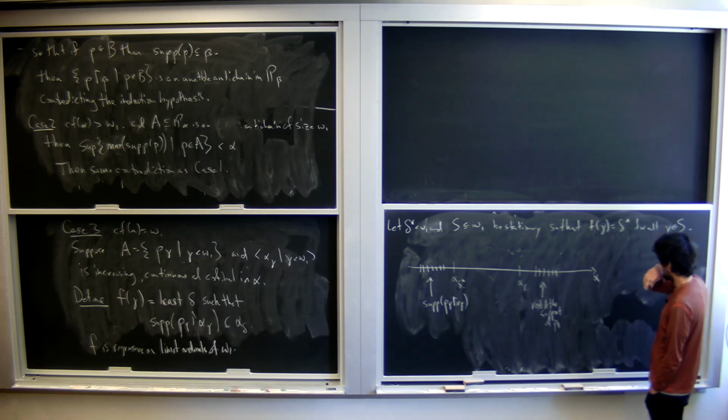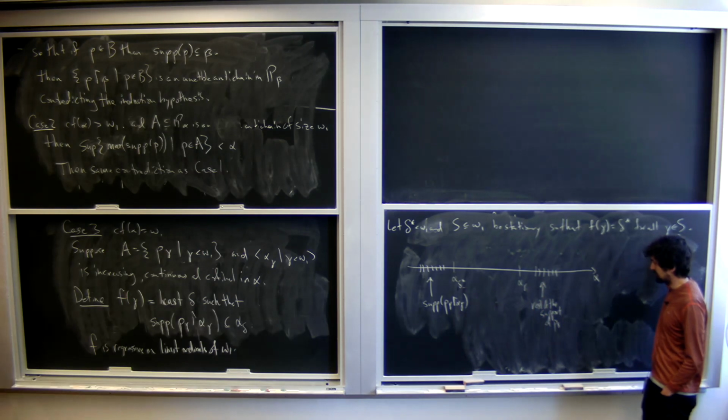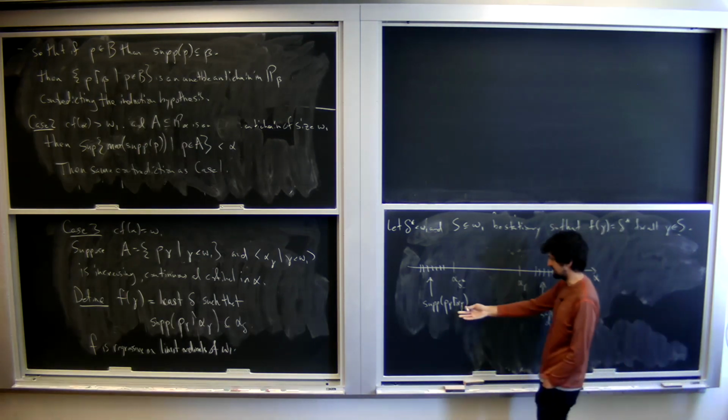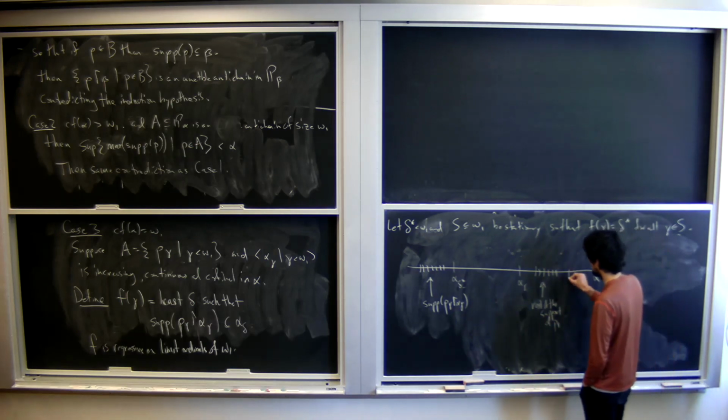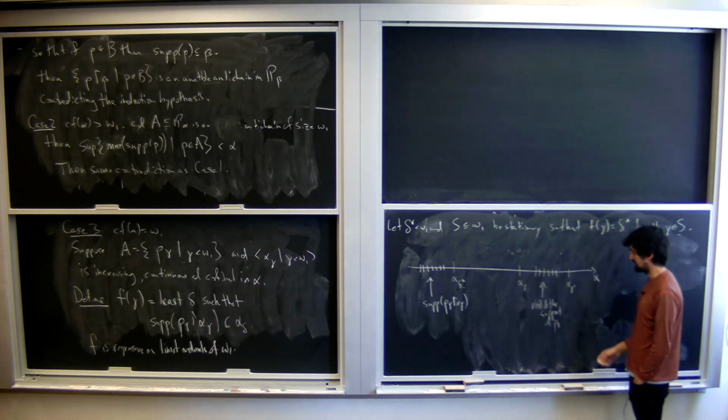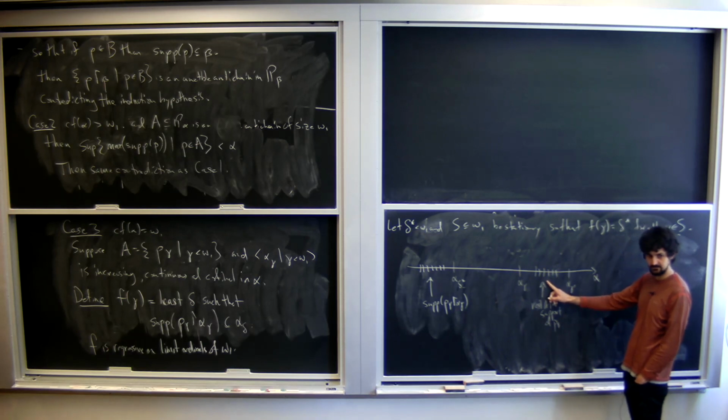So there are lots of gammas in this S, uncountably many gammas in this S, right? And so if I've chosen one of these P gammas, if I go along for long enough, then I can find some alpha gamma prime up here, which is completely above the support of this previous one.